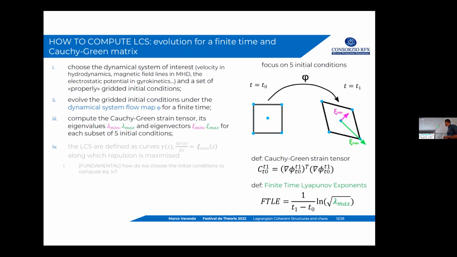And from this matrix, we are in 2 dimensions here, so you can get 2 eigenvectors, one in pink that is associated to the maximum contraction of the square, and the one in green that is associated to the maximum stretching. Of course, associated to the eigenvectors, there are 2 eigenvalues, and you can define the finite time Lyapunov exponent field in this way. It is related to the absolute value of maximum stretching.